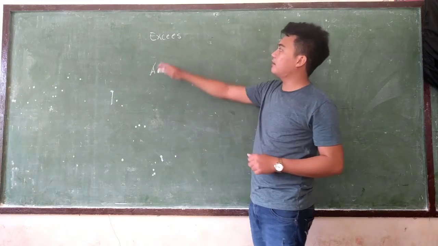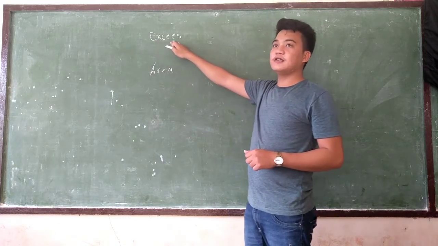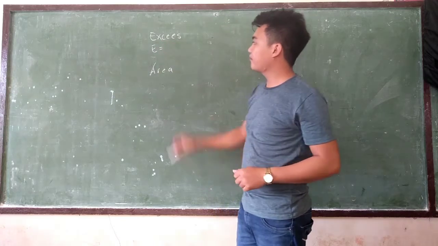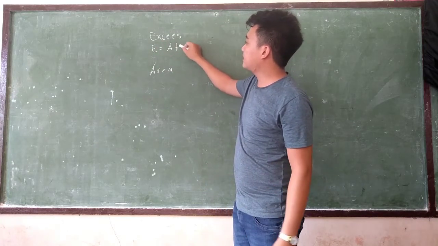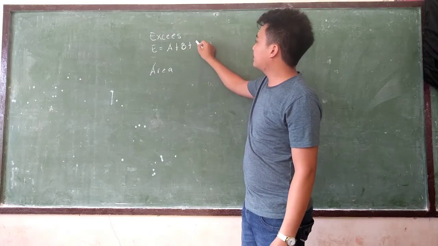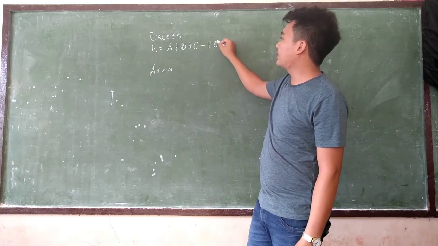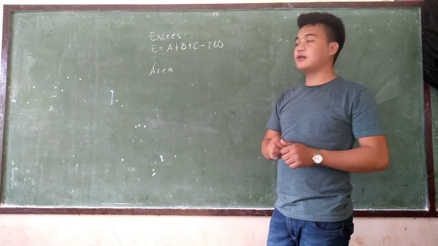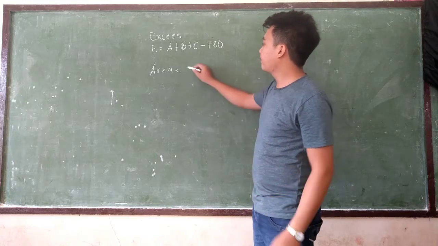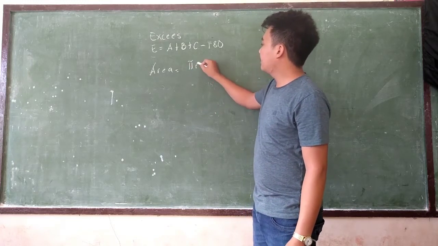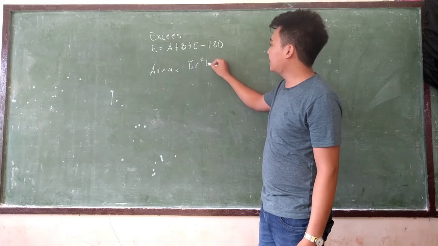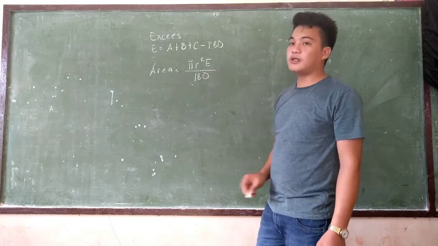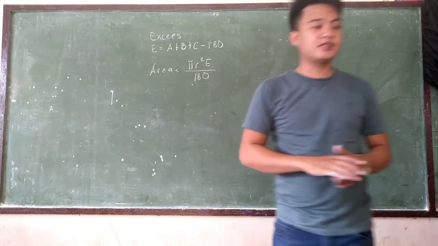For the formula of the spherical excess in a spherical triangle, E equals A plus B plus C minus 180. For the area of a spherical triangle, that is pi r squared times E over 180. So let us have an example.